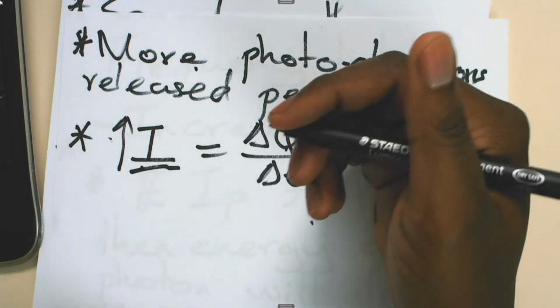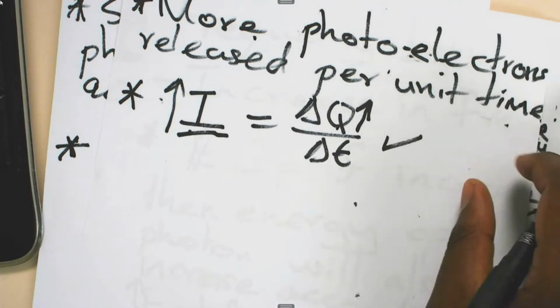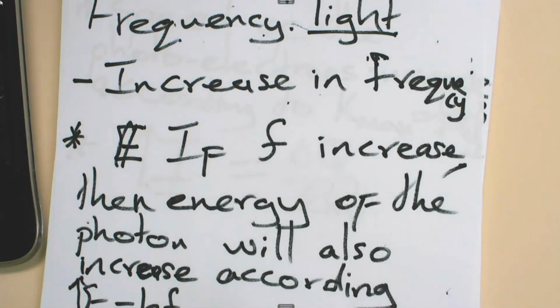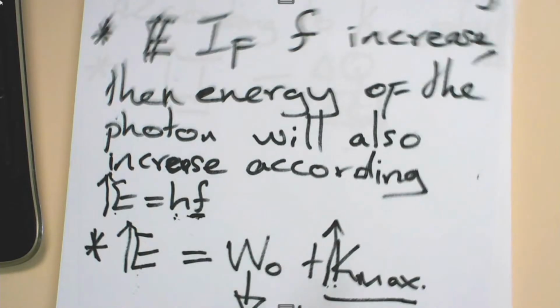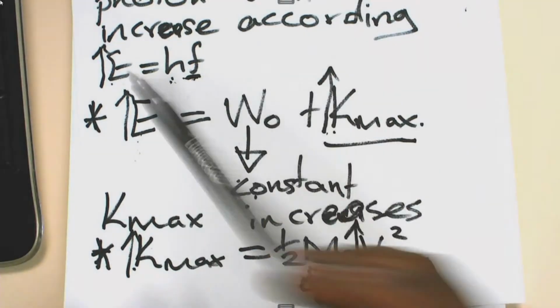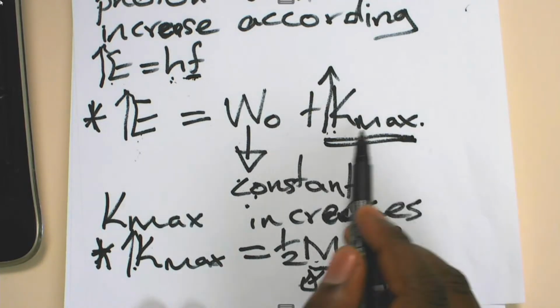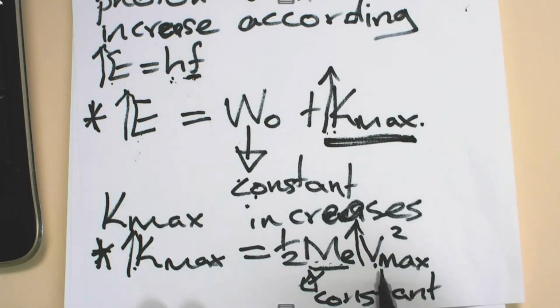Whenever you change the intensity of light, remember that you will change the number of photoelectrons that are released per unit time. But when you increase or decrease the frequency, you need to know that you will then affect the maximum kinetic energy of your photoelectrons, like I've shown, and changing the maximum kinetic energy will then affect the maximum speed of those photoelectrons.